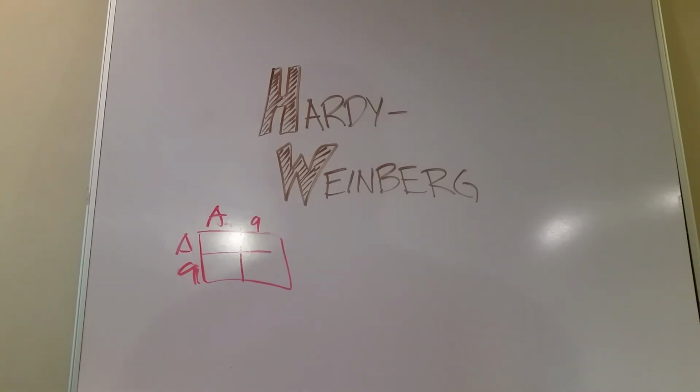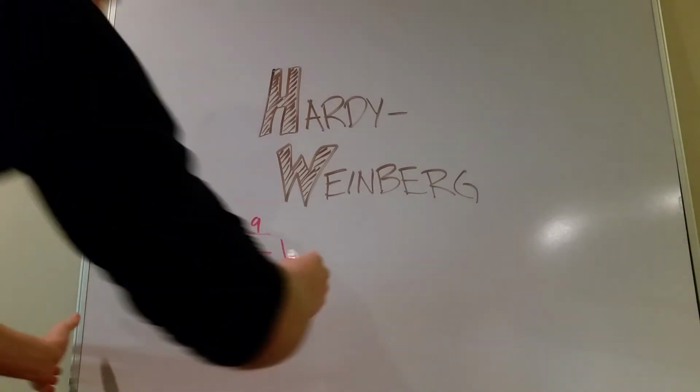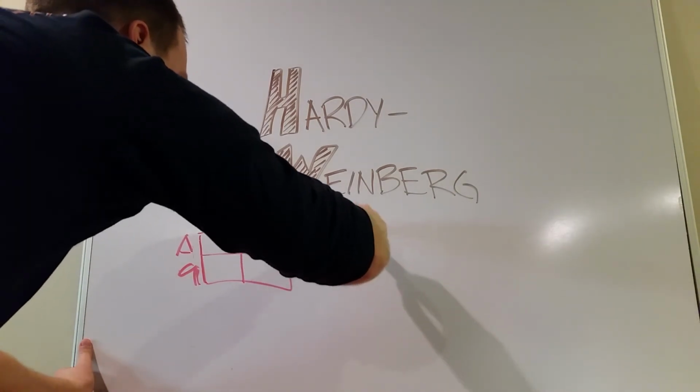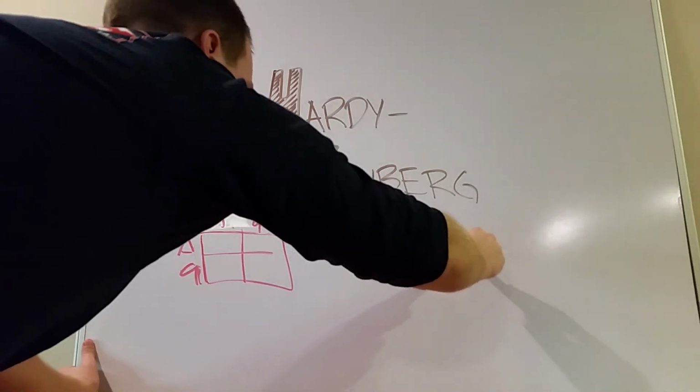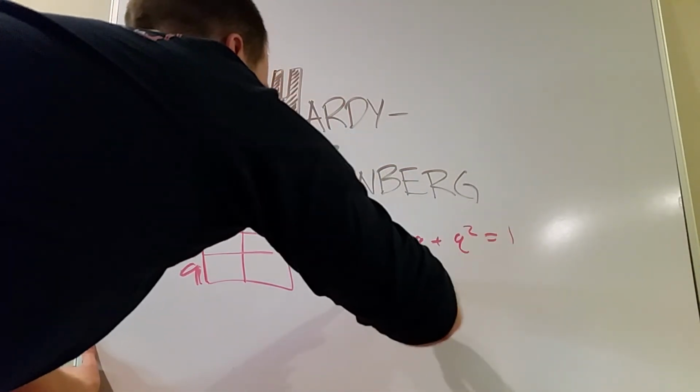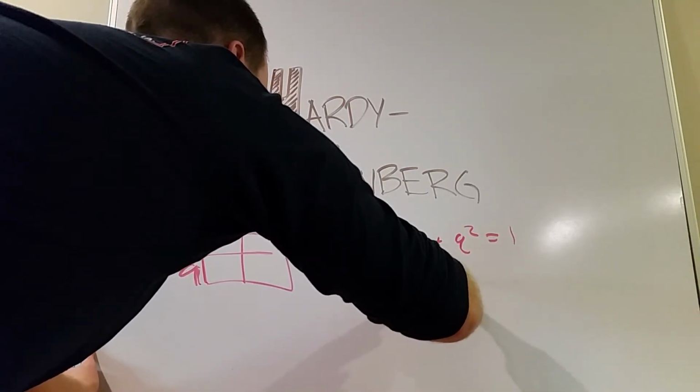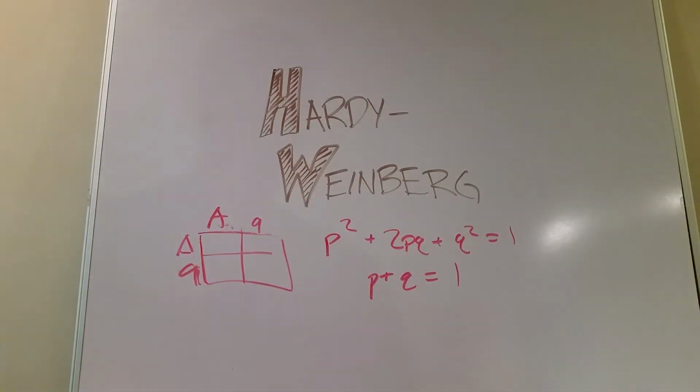But the two big equations that we'll talk about here are this first one and this second one. Now what these P's and Q's stand for are the relative frequencies of alleles, the P being the dominant allele, like the big A, and the Q being the lowercase a, or the recessive trait.